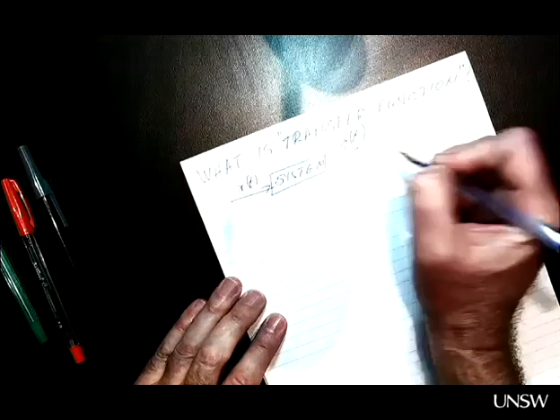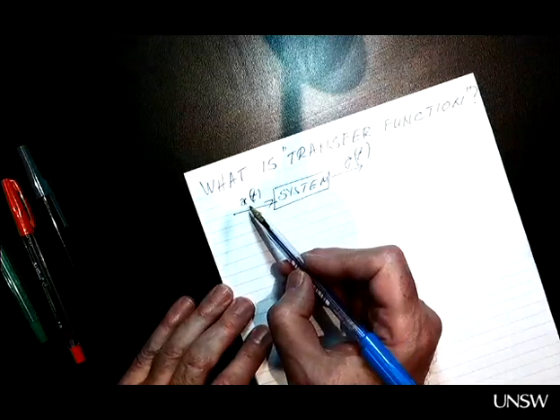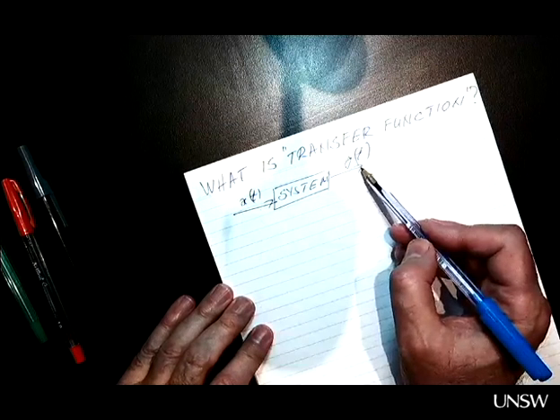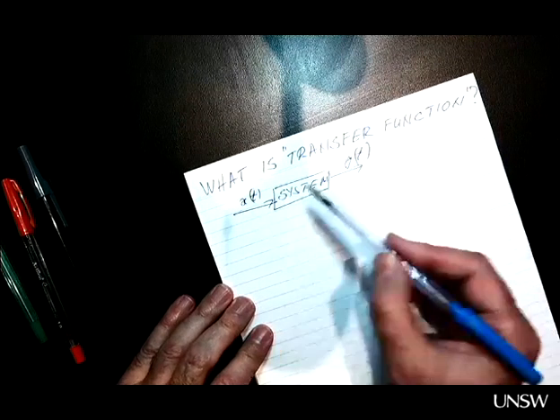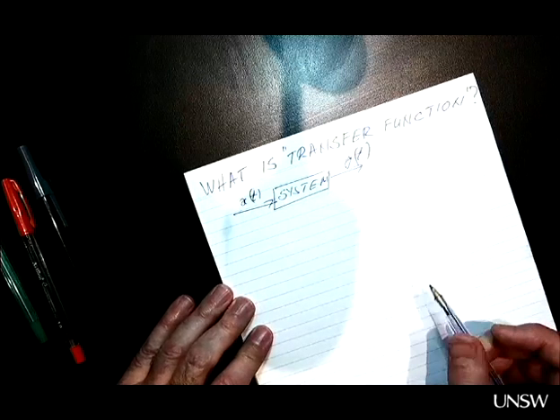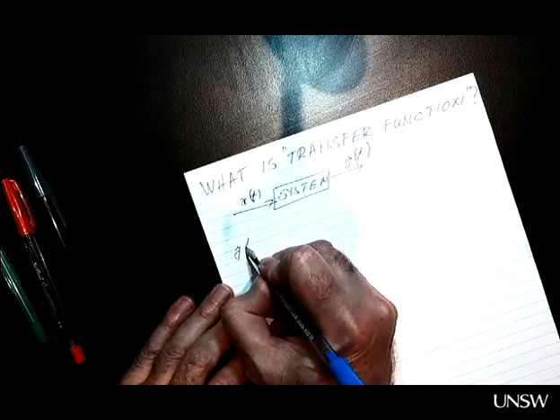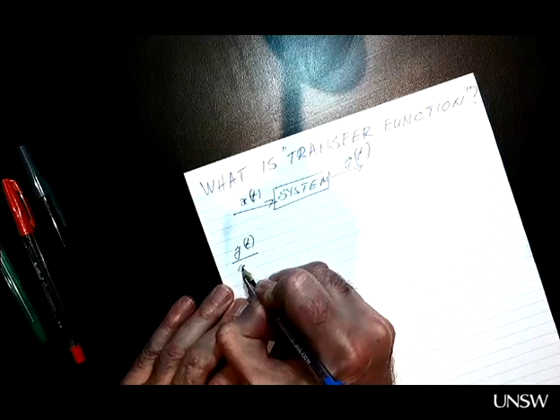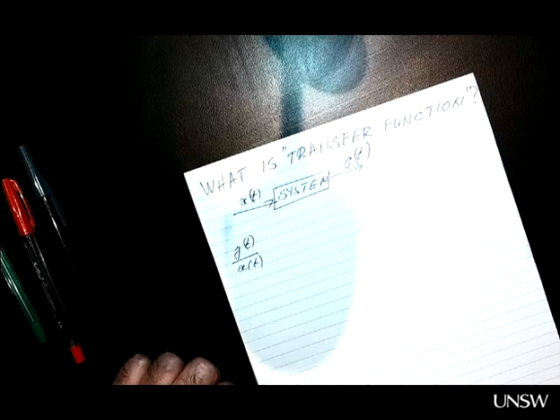So if x of t is the input function, y of t is the output function, or input signal, output signal, the transfer function, according to the answer I think I heard, was y of t over x of t. Is that correct? No. Why is it not correct?